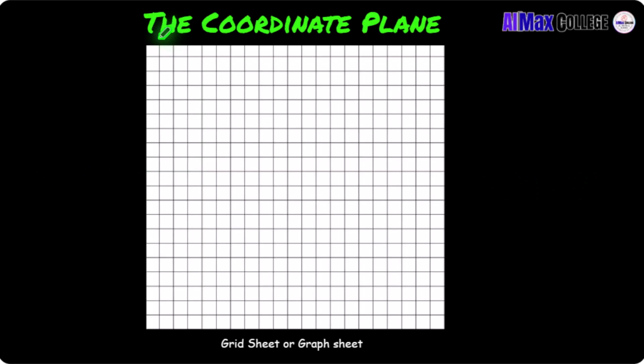Let's move to discuss the first one, the coordinate plane. Let's start with the coordinate plane. Look at the board. Grid sheet or graph sheet. X-axis, and y-axis.